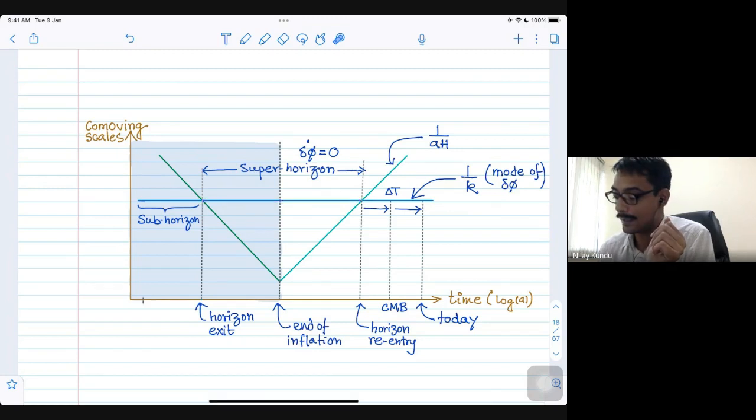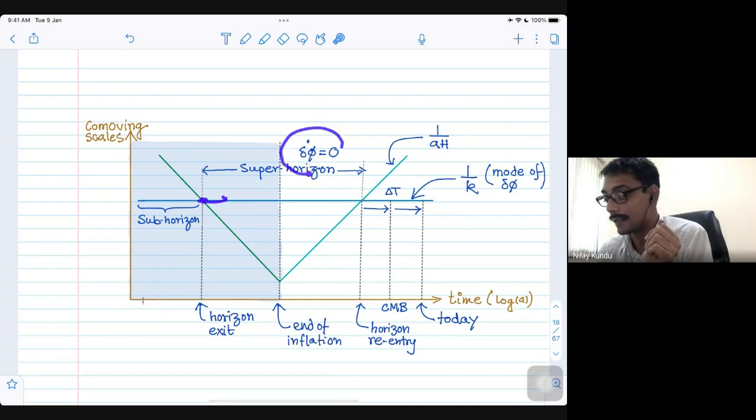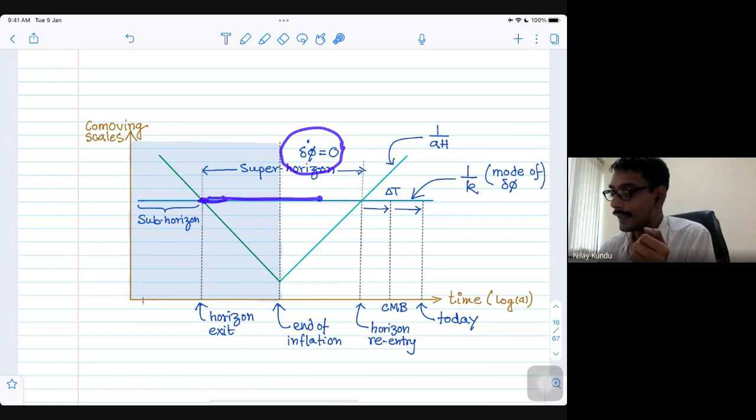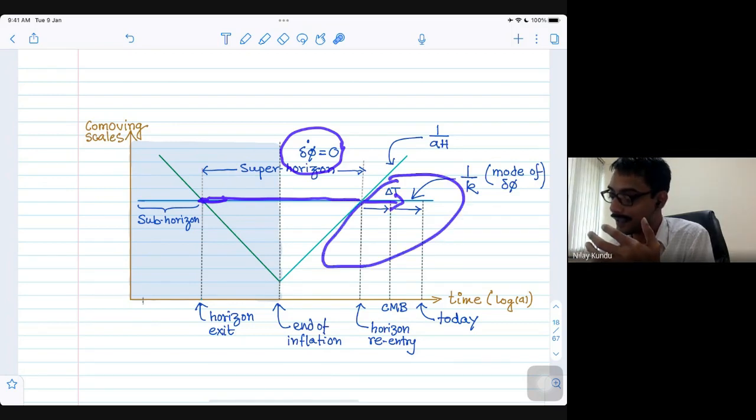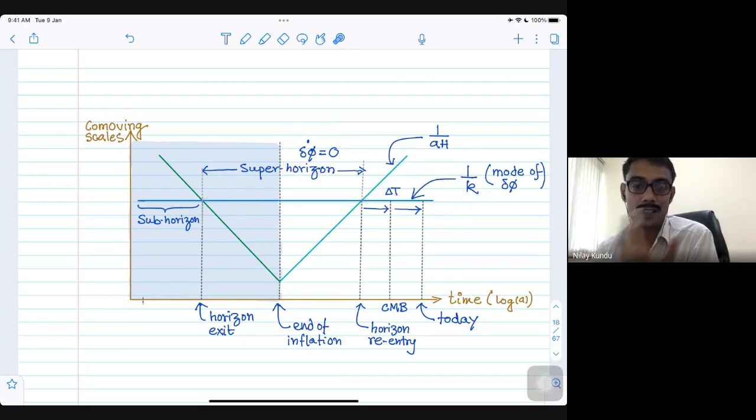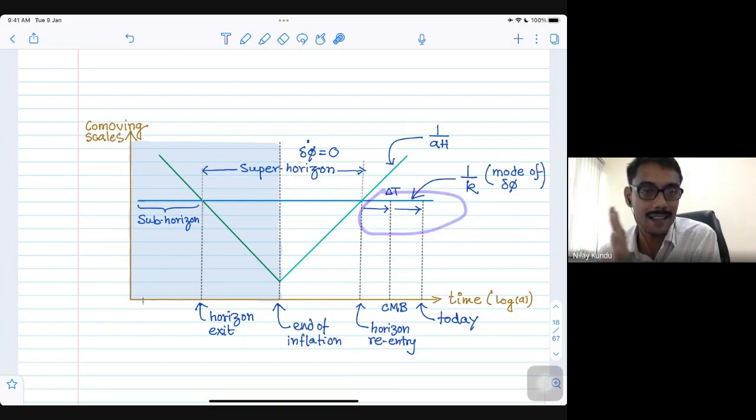So at this point, the mode exits, and it gets frozen, and then at some point it re-enters the causal physics part because it gets inside the horizon. So again, physics can affect it. But by that time, inflation has ended.